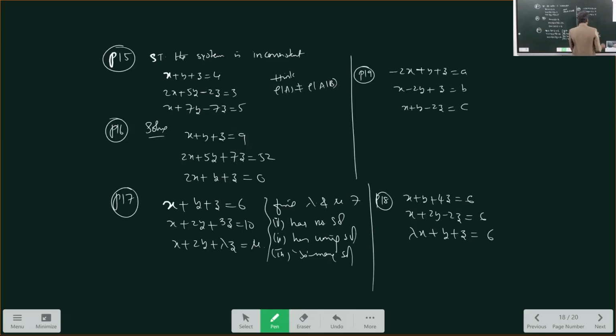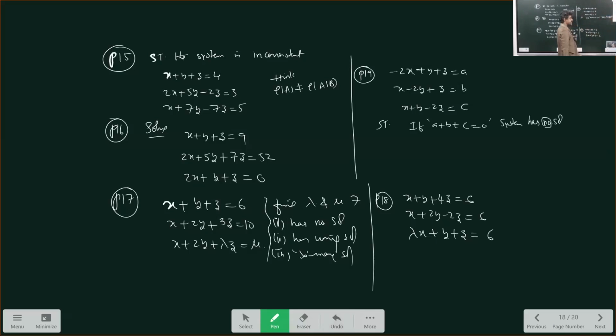Show that if a plus b plus c is not equal to 0, the system has no solution.